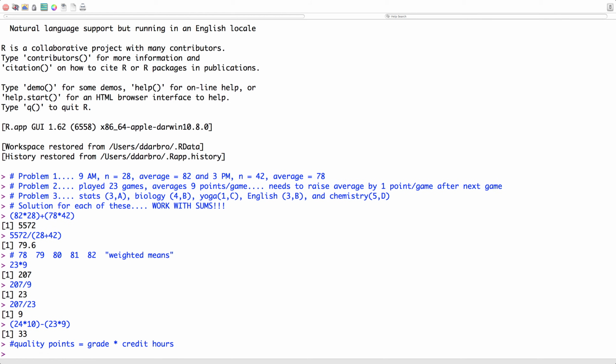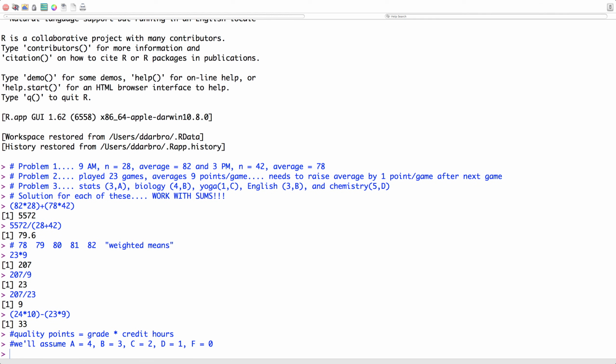So what I would want to do first for the stats, again we'll assume that A is equal to 4 points, B is equal to 3 points, C is equal to 2 points, D is equal to 1 point, and an F is equal to 0 points. That's not much of a stretch of the imagination to work with that scale.